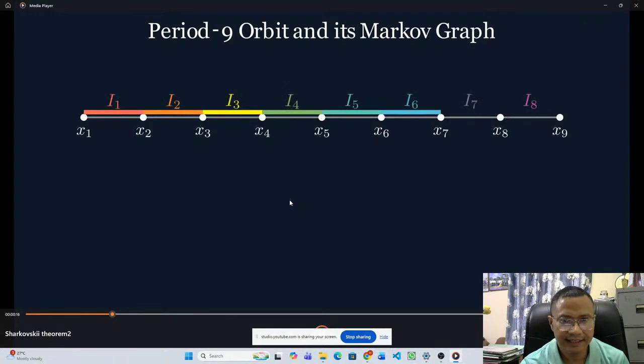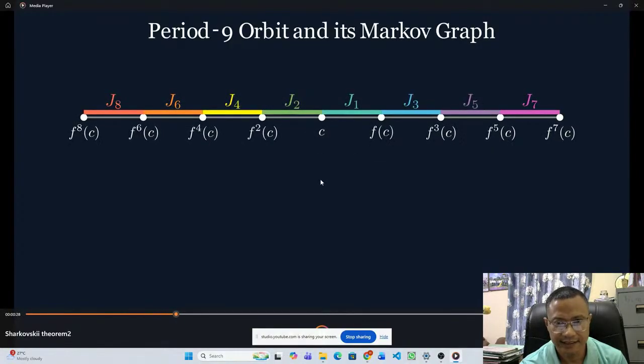If the arrangement of the orbit is such that this x5 is C, and it goes to 6, and 6 goes to 7, like this. Now the x has been replaced by their orbit iteration. So C is in the middle, then C goes to f of C, that is on the right.